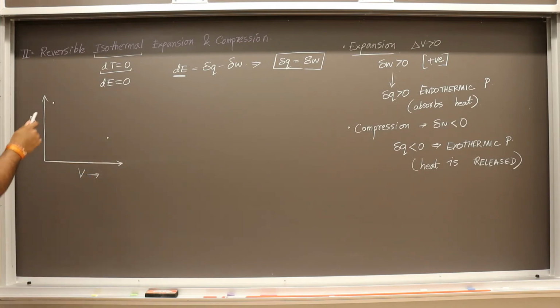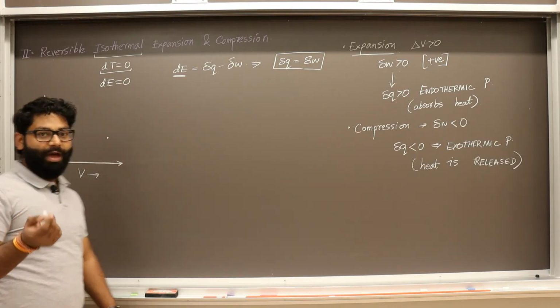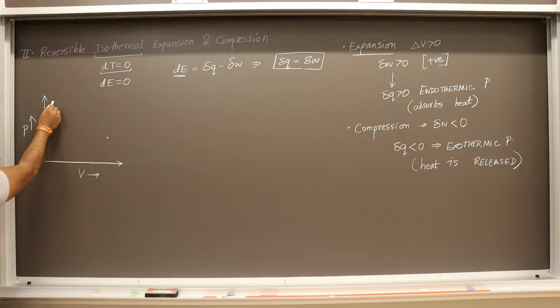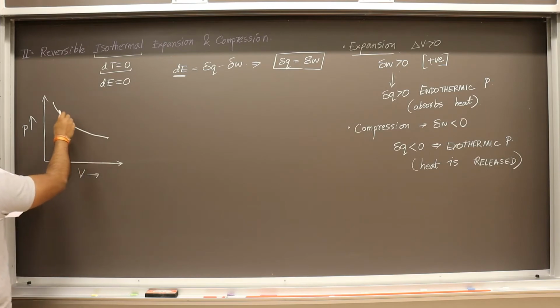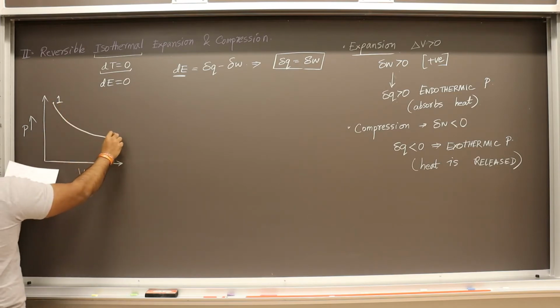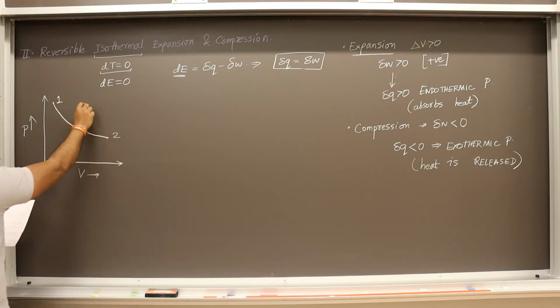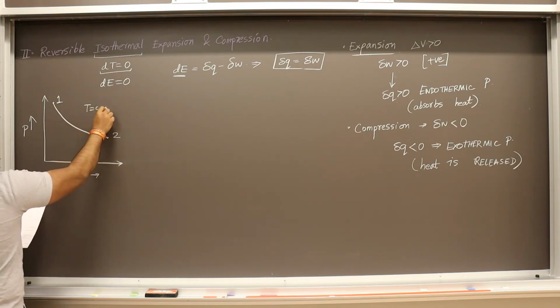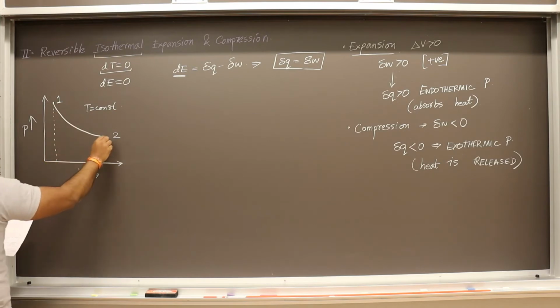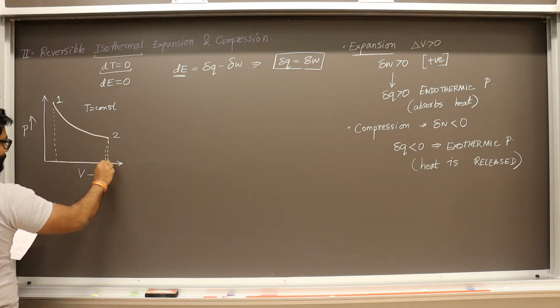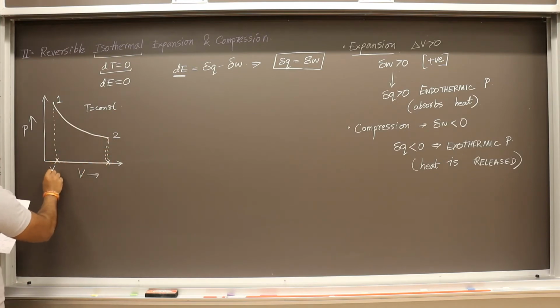Now, you know that this is an isothermal process. We have seen this kind of isothermal relationship once before in Boyle's law, right? So in an isothermal process, it is something like this. Let's assume this is 1, this is 2, the temperature is constant, and let's assume this is V1 and this is V2.